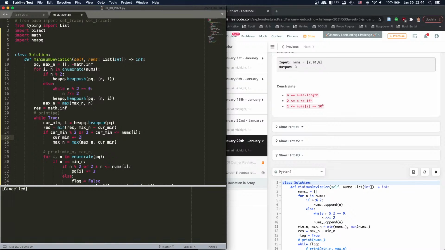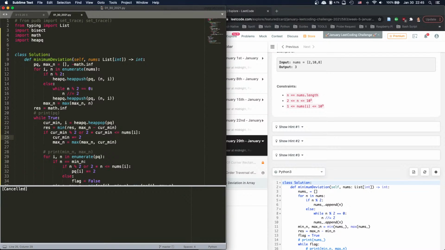So the max n. So if my current min pops out, and then we say it can times 2, so times 2. If it's smaller, it doesn't really matter. If the current min times 2 becomes bigger than the max n, do we count it?